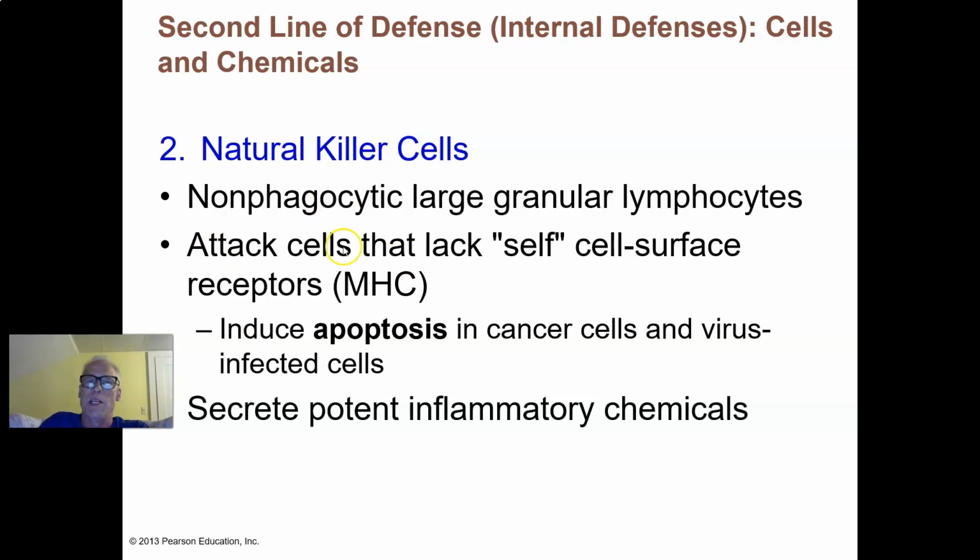And if that MHC tag isn't correctly displayed on the surface of all your cells, the natural killer cells will just kill that cell. Oftentimes cancer cells are these deranged cells that are growing without authority. They're not performing any function in your body, forming this tumor. Well, oftentimes they also don't express MHC properly, and the vast majority of the time when a cell becomes transformed and would produce a cancerous tumor, it never has a chance because cells of the immune system observe that it's not correctly behaving and just kill it.